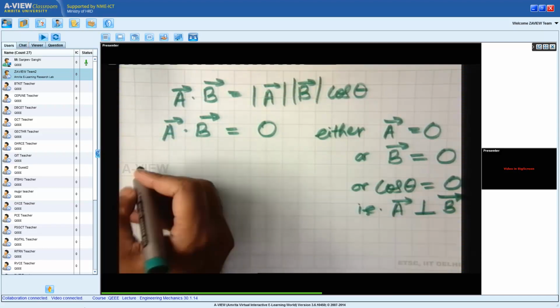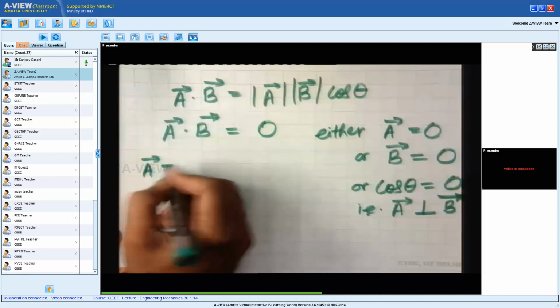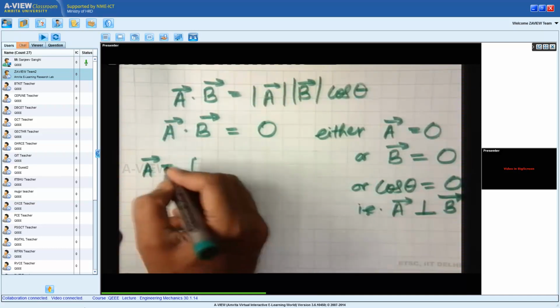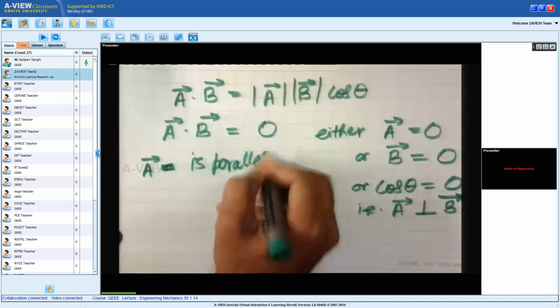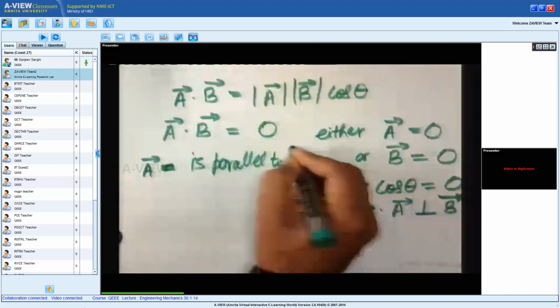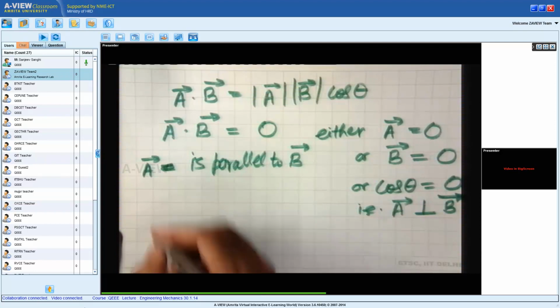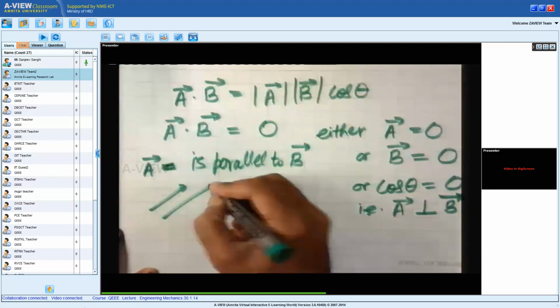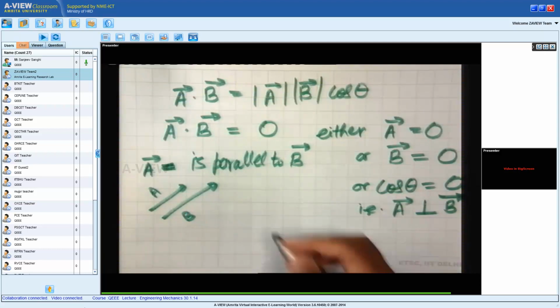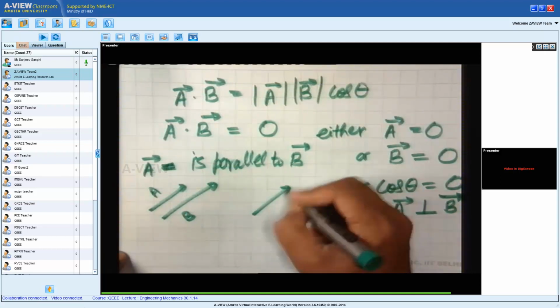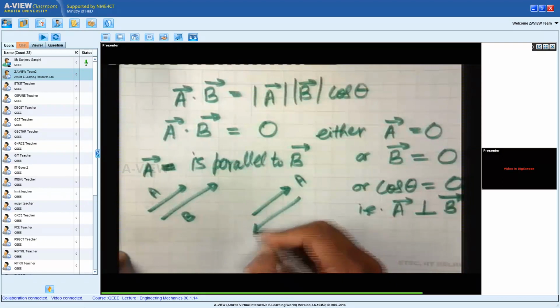Now what happens if A is parallel to B? There could be two such cases. One is A and B are parallel and they are along the same direction. Or we could have vector A like this, vector B like this.